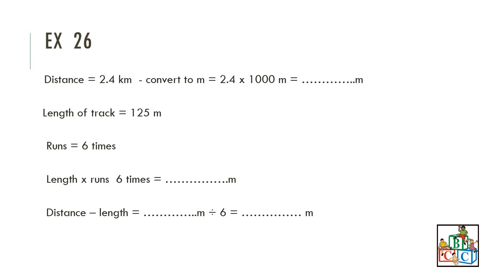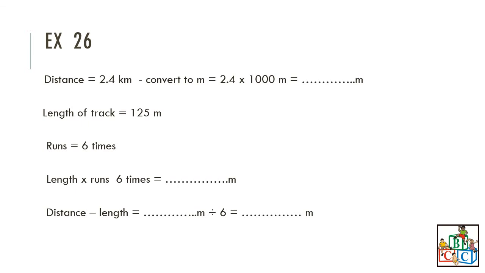Now you are going to take the distance, which means 2.4 kilometers. When you convert to meters, this is your distance. What you have converted to meters, you are going to minus the length. The length, meaning when you have multiplied 6 times, you have got the answer. You are going to subtract this. You will get an answer.